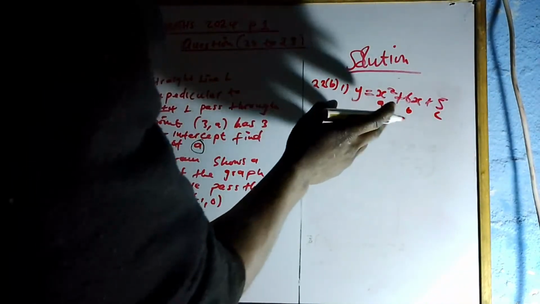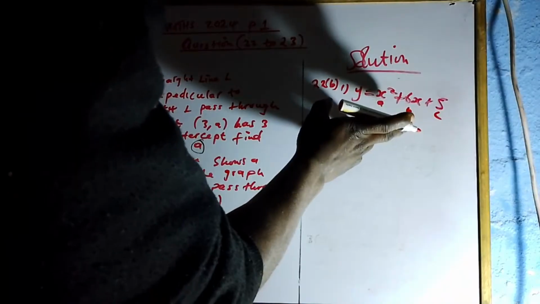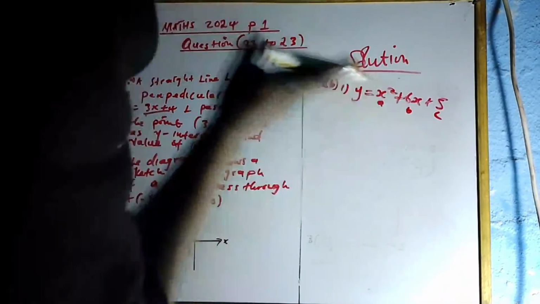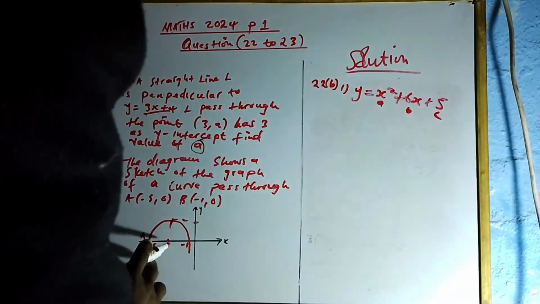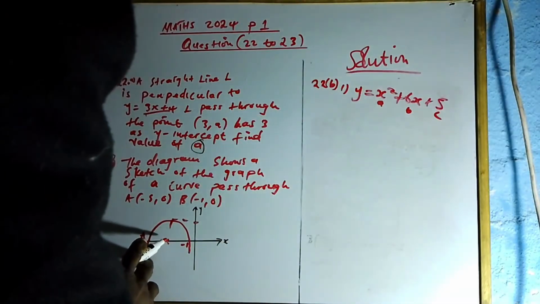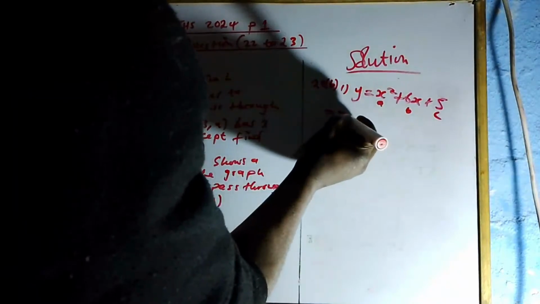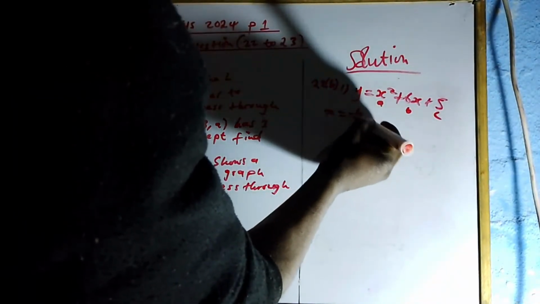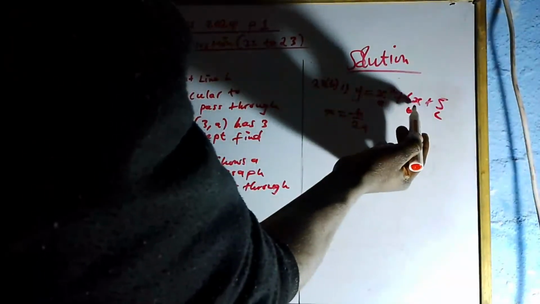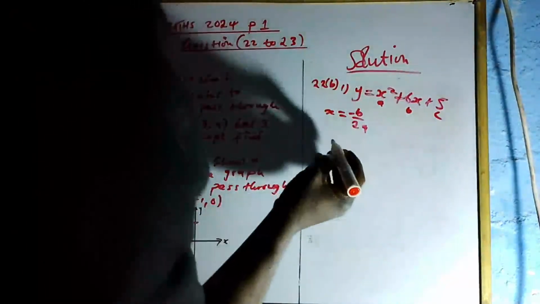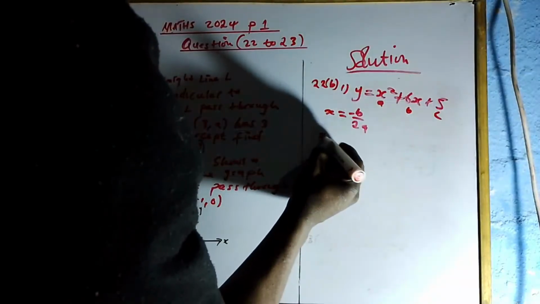For finding the turning point of x, it is x equals minus b over 2a. If you want, you can just differentiate this one, you're going to have the same answer as the x turning point.